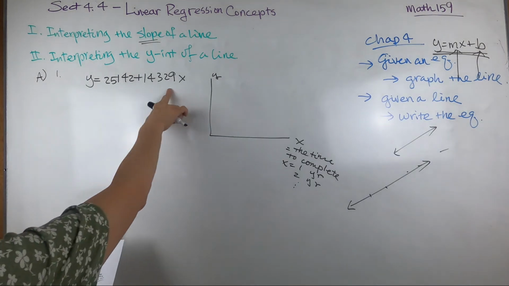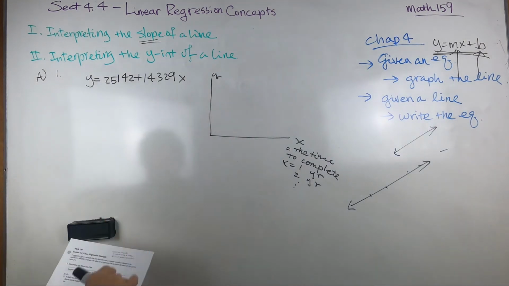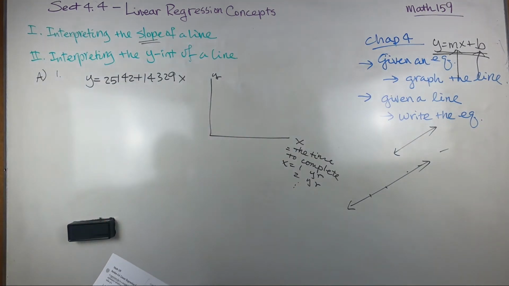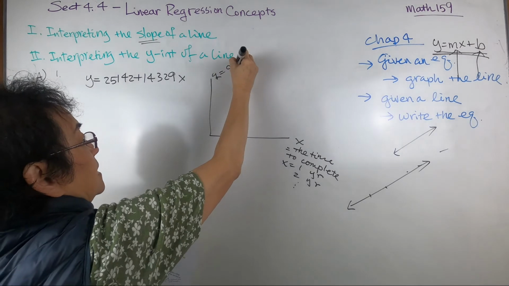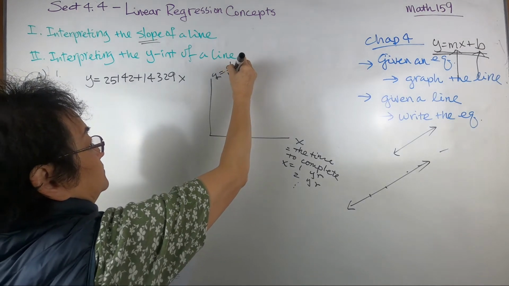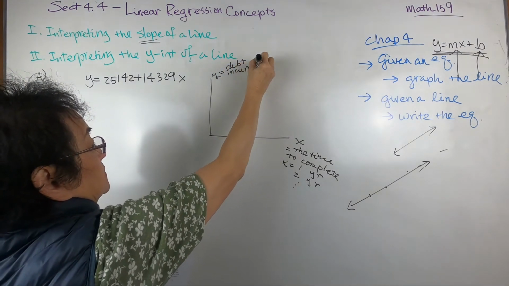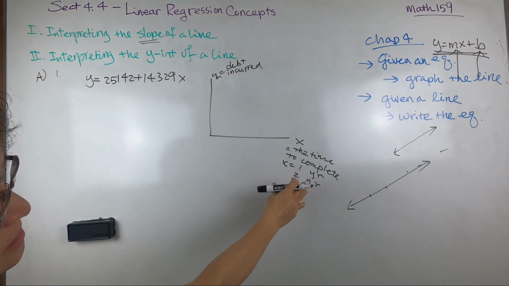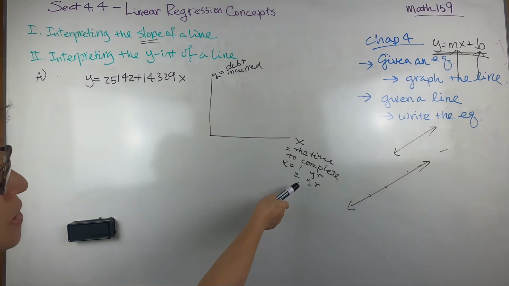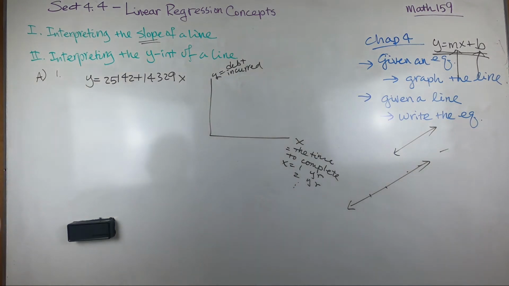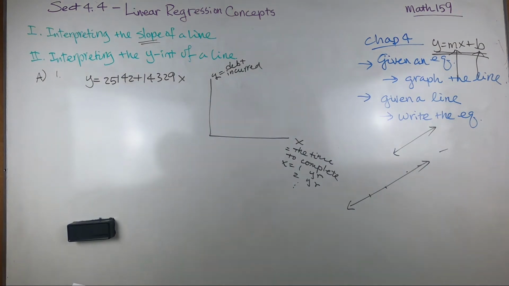Y is the student loan debt incurred, the debt incurred. That means the more years you need to complete a college degree, the more debt you will incur.